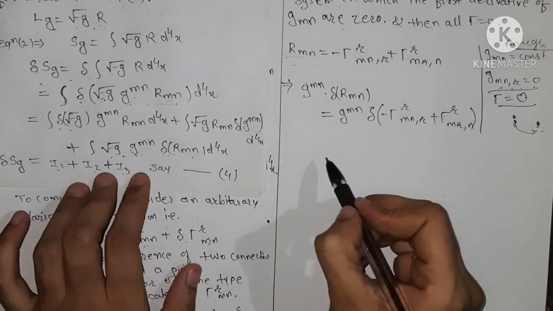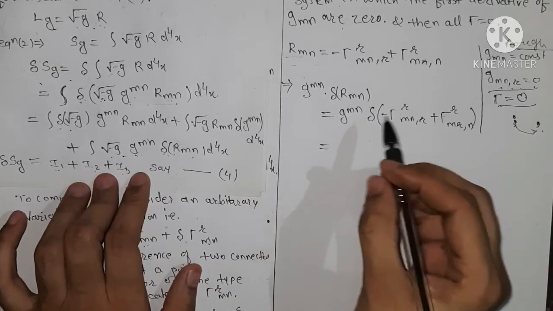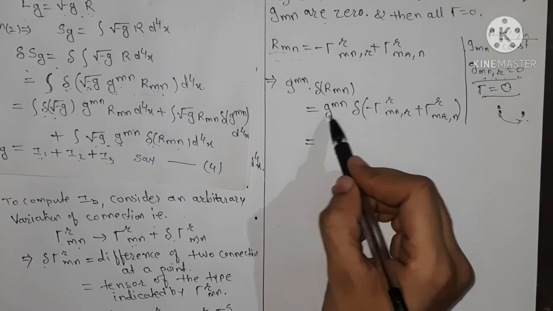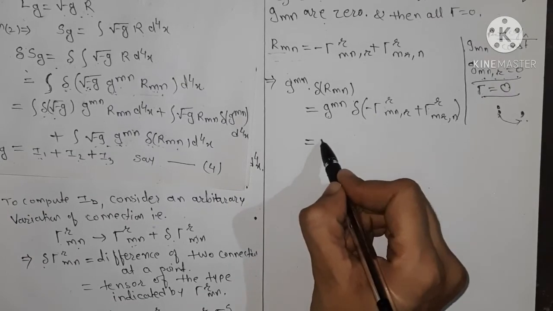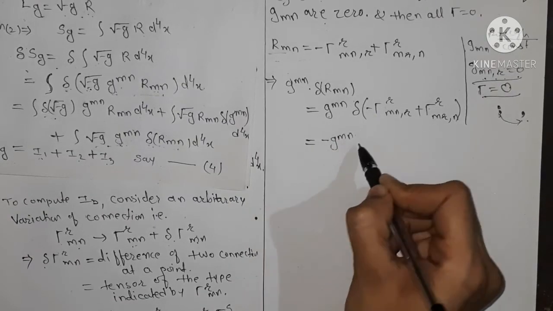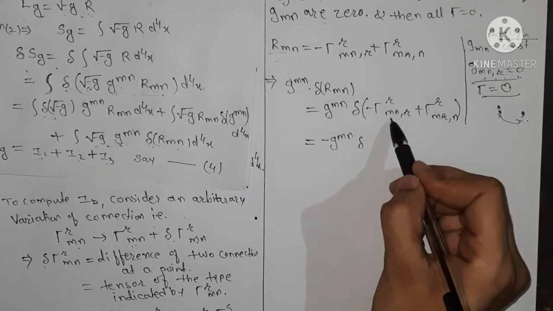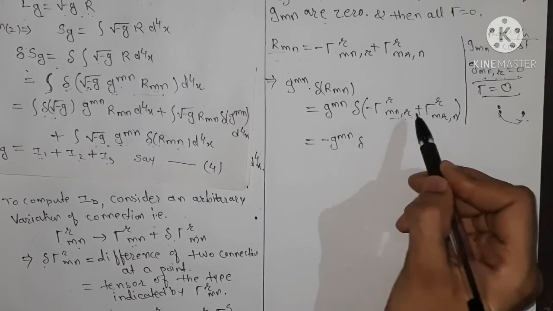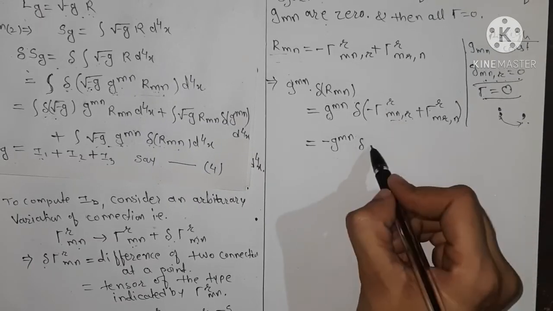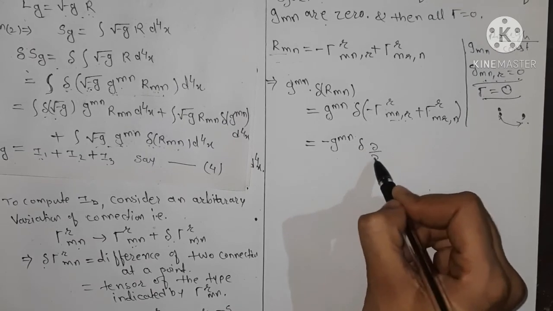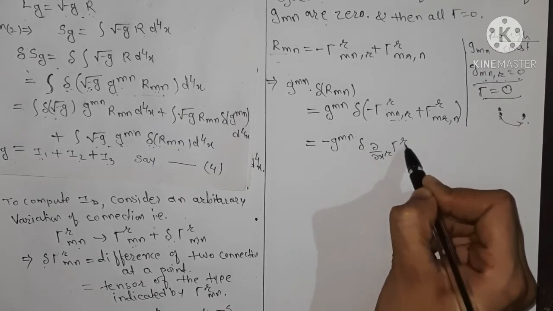Okay, now which is equal to, we open the bracket by g^{mn}, so we have minus g^{mn} δ of Γ^r_{mn,r}, where comma means derivative, so this is equal to ∂/∂x^r of Γ^r_{mn}.